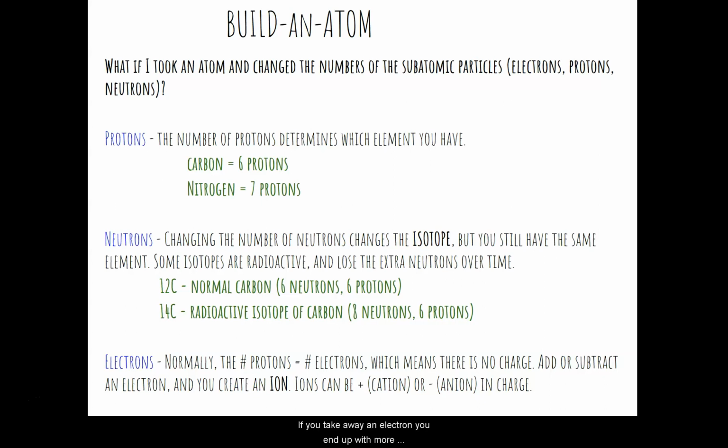If you take away an electron, you end up with more protons than electrons, which means you'd have a positive charge. We call that type of ion a cation. If you add an electron to an atom, you're adding a negative charge, and therefore the ion that's created is called an anion, a negatively charged ion.